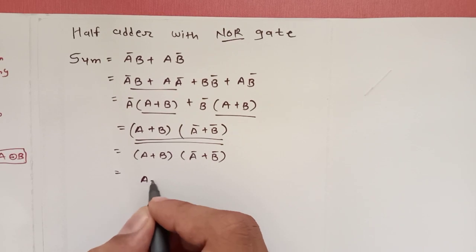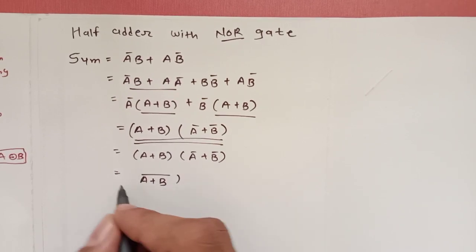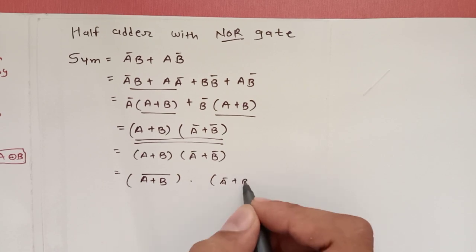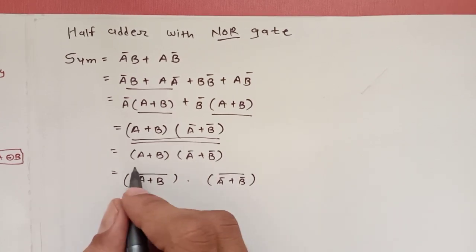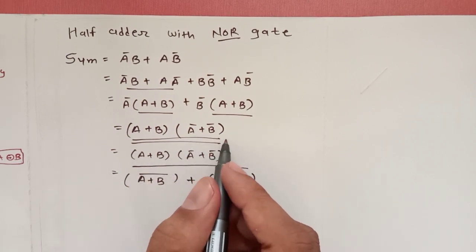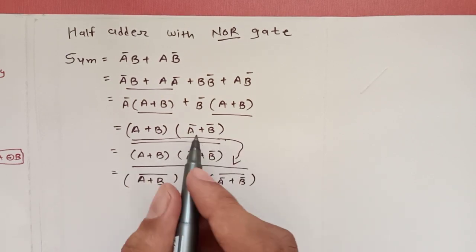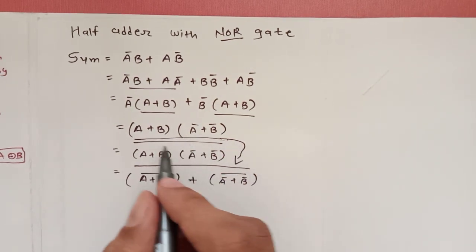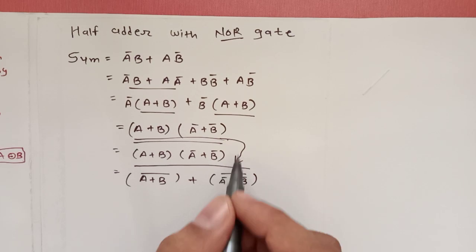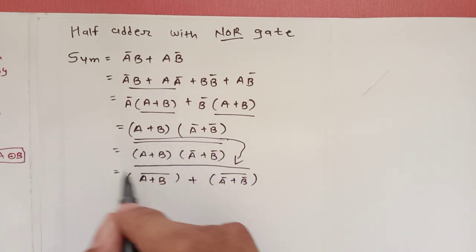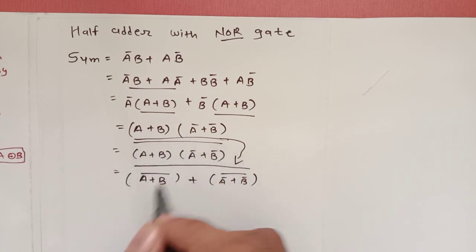So split this expression: ((A + B)' + (A' + B')')' with one more bar remaining. By applying the Boolean algebra rule you can split this expression in this way.